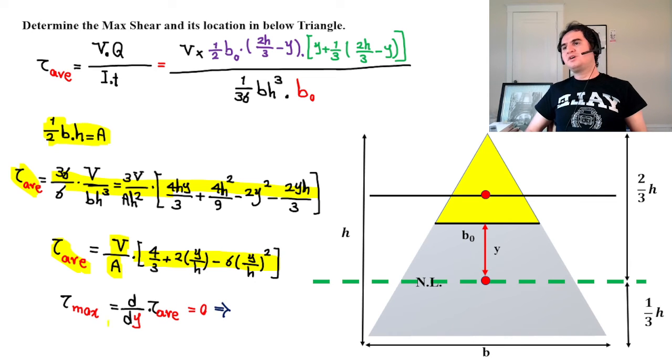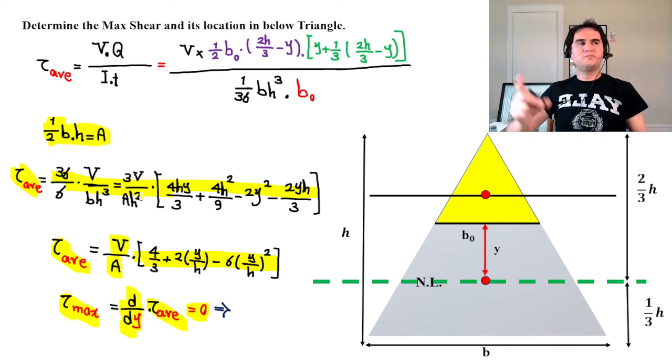And at the same time, tau max is d over dy of tau average when it goes to zero. If we take the derivative of tau average and make it equal to zero, that gives us tau maximum.